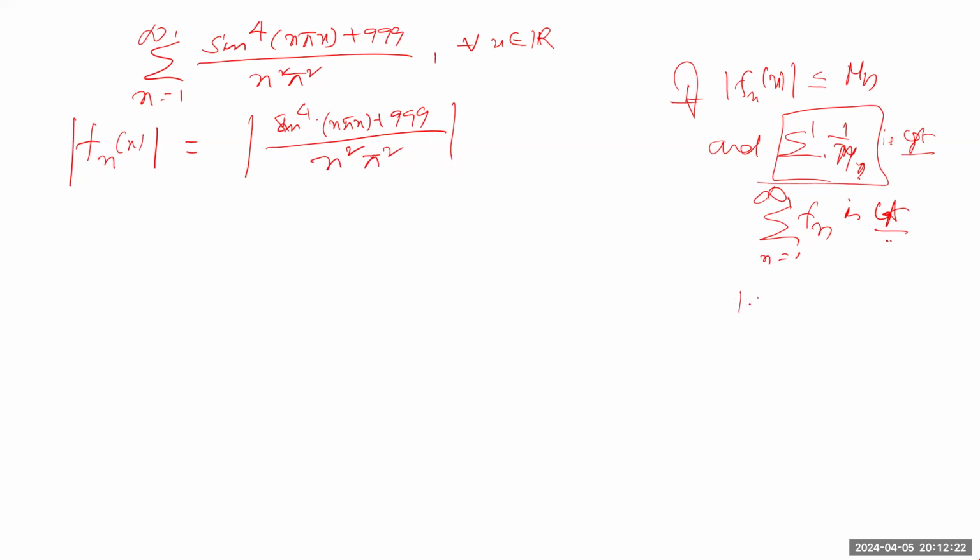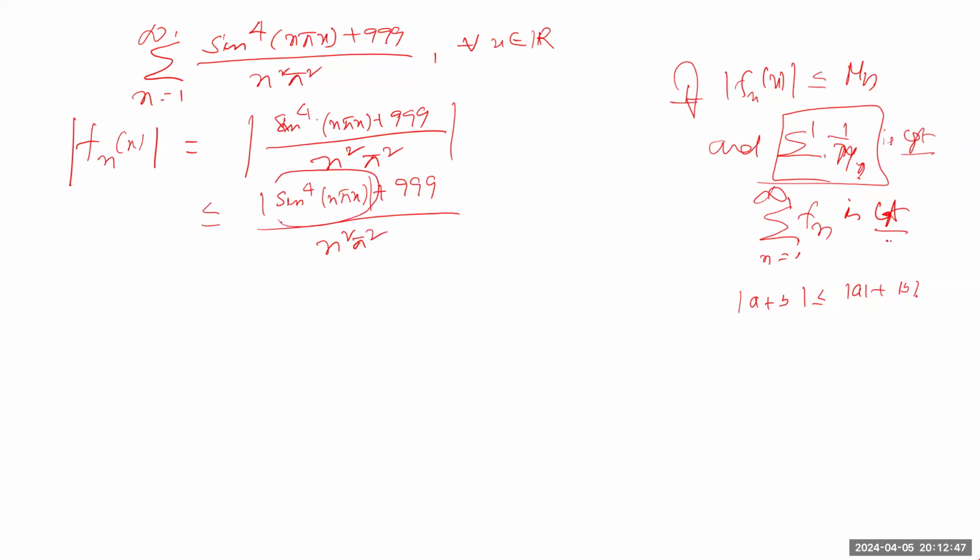We use the triangle inequality, mod A plus mod B. So this is less than or equal to sin to the power of 4 n pi x plus 999, which is positive, over n square pi square.